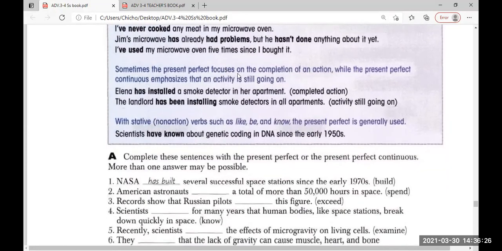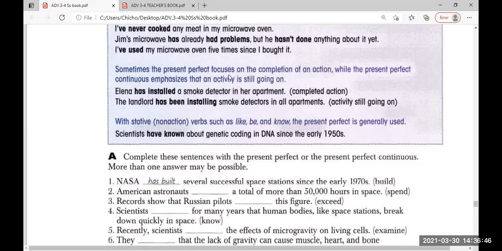Sometimes the present perfect focuses on the completion of an action, while the present perfect continuous emphasizes that an activity is still going on. For example, Elena has installed a smoke detector in her apartment. This is a completed action.